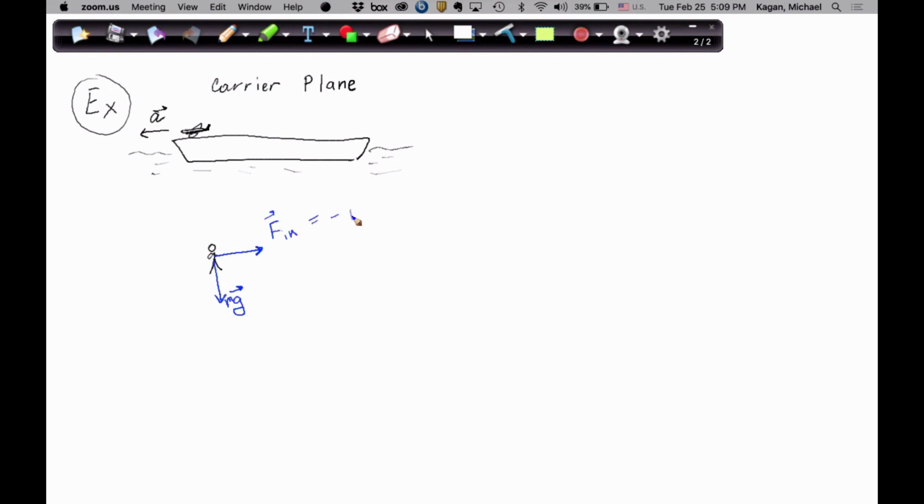Which is equal to minus ma. So what the pilot perceives, and again, I kind of randomly drew it the same length as g, but it may be longer, maybe shorter. It's comparable.